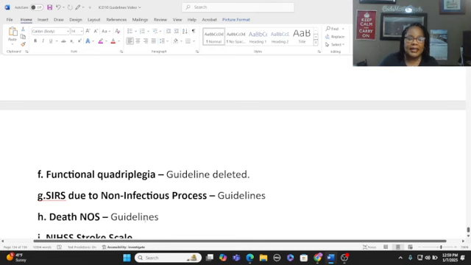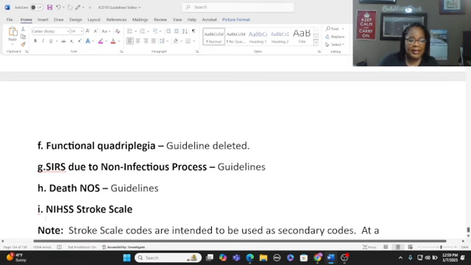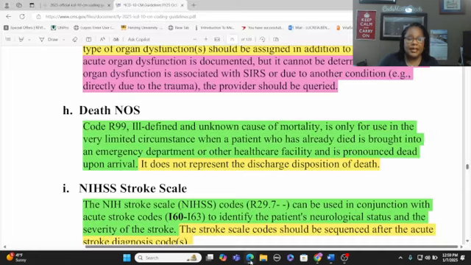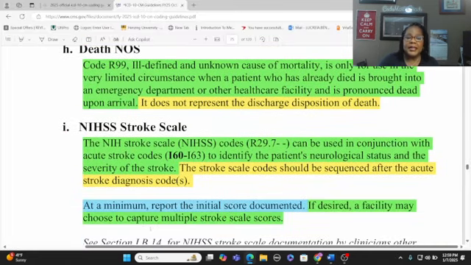Yep, straight from the guidelines. I, the NIHSS stroke scale. The guidelines say the NIH stroke scale, NIHSS, which is codes R29.7 and the rest of your digits, can be used in conjunction with acute stroke codes, the I60 through I63 category, to identify the patient's neurological status and the severity of the stroke.